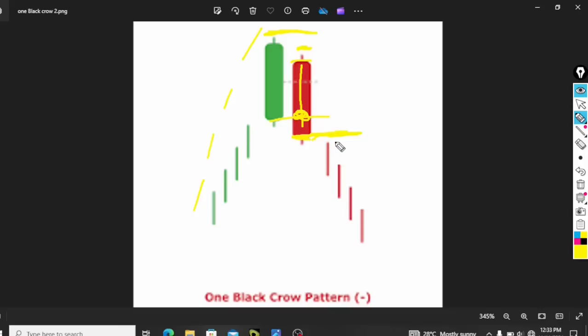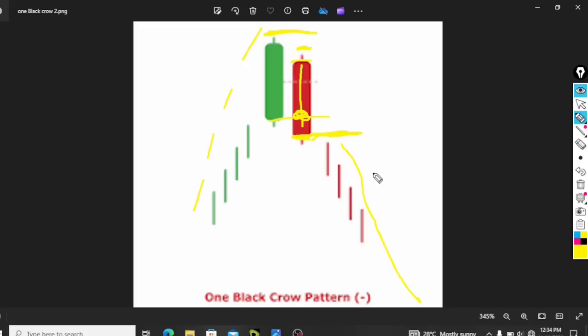So like this example, there was no attempt at all for the candle to make any up move after the appearance of the one black crow. From the appearance of the one black crow, it was movement all the way to the downside without any attempt to make any form of turn to the upside.